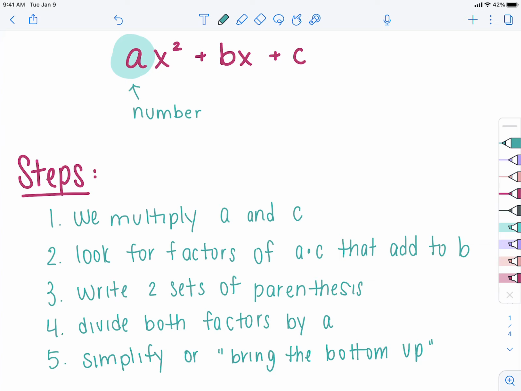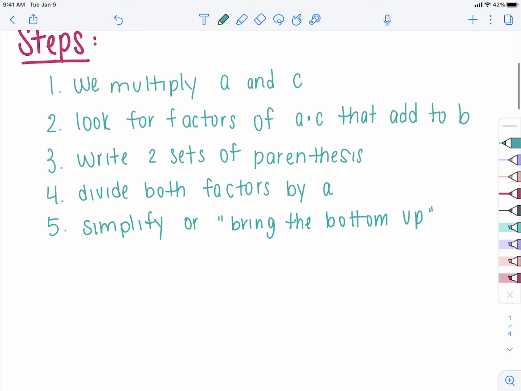The way I was taught in school, it was kind of just guess and check, pick out possible factors and then FOIL it and see if it worked, which could take a whole lot of time. This is a really straightforward way that helps you do every single problem the same way with these steps. So let's see it with some actual numbers so this makes a little bit more sense.